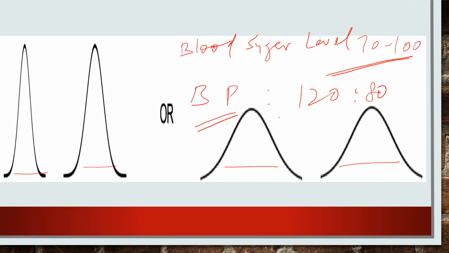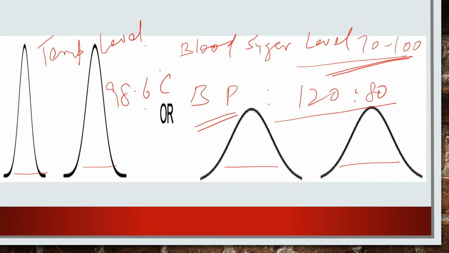So these are known as parameters. And what is the temperature level of a body? Yes, it is 98.6 degrees, which is considered normal data. When we have these kinds of values, because these are universal phenomena taken from the population at large, we can say these are known as parameters.